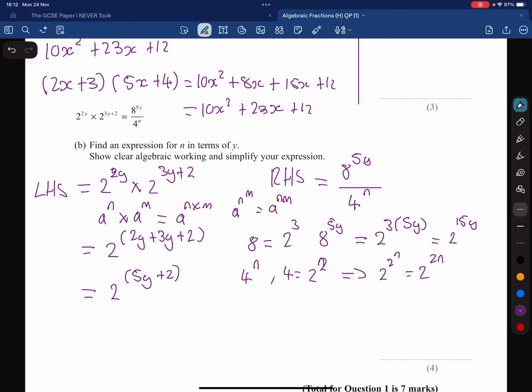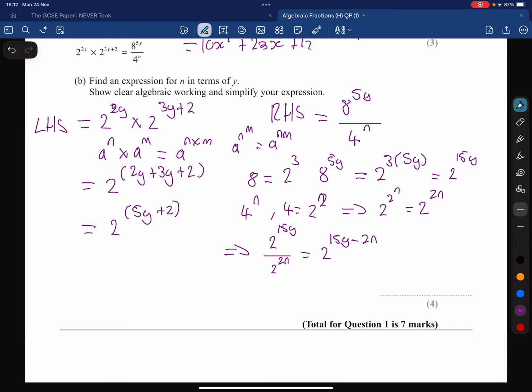So now this right hand side is equal to 2 to the 15y over 2 to the 2n. When you divide, not 8, sorry, it's 2 to the 15y, 2 to the 15y divided by 2 to the 2n is equal to 2 to the 15y minus 2n. Okay?